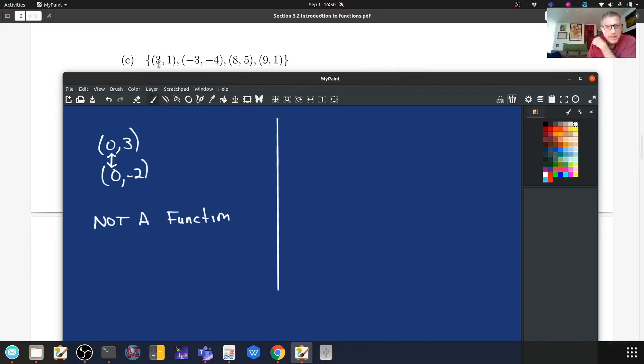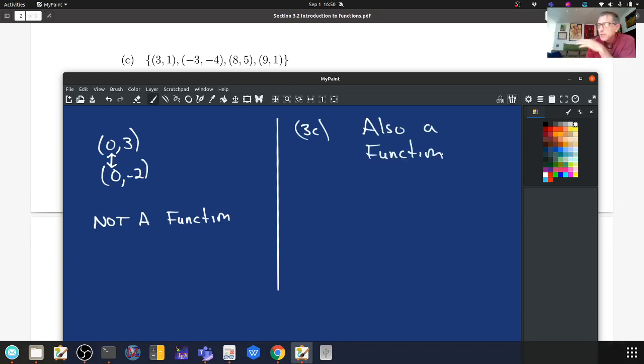Well, we have 3 paired with 3 only appears once, minus 3 only appears as a domain element once, and 8 only appears as a domain element once, and 9 only appears as a domain element once. So 3C is also a function.